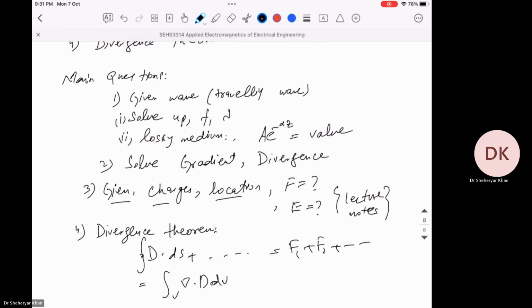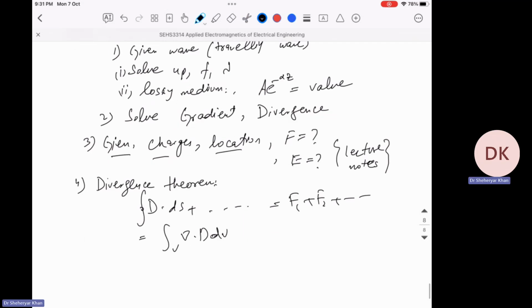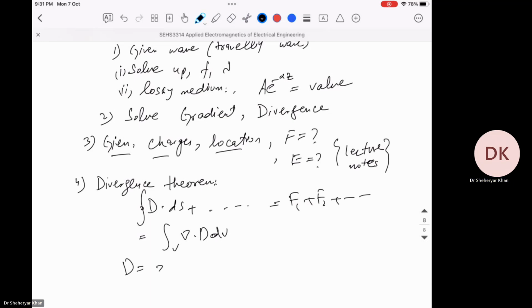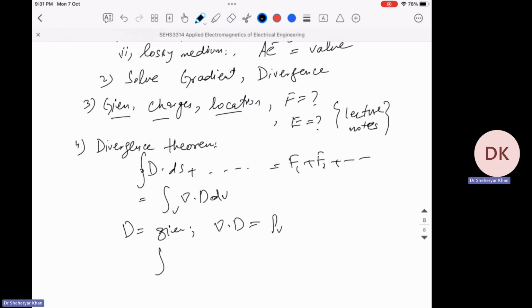If you are given D and take del dot D, that would be the charge density. Then take the volume integration of this and you will get the charge. This is important. So you will be given a D, just take the divergence and you will get the charge density. Now take the volume integration and you will get the charge.